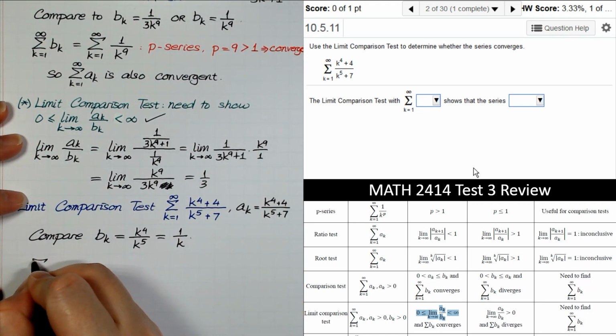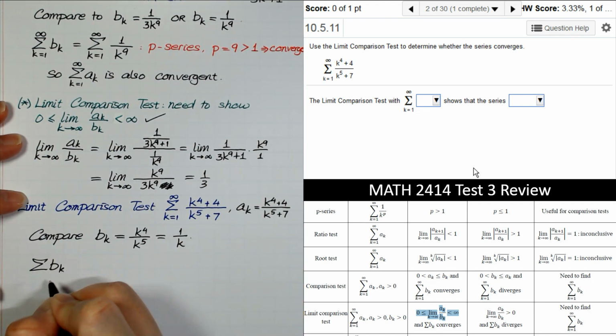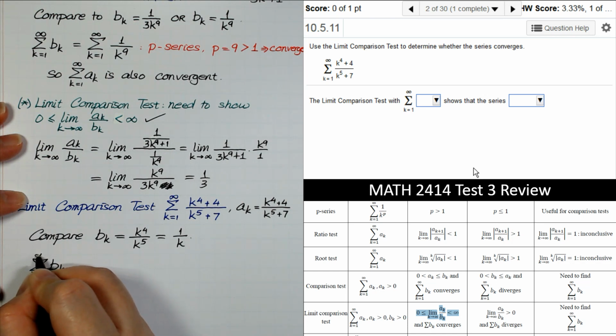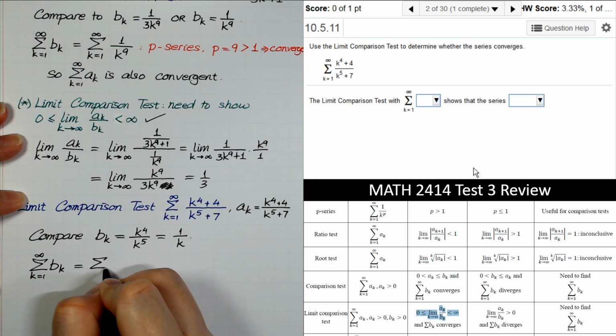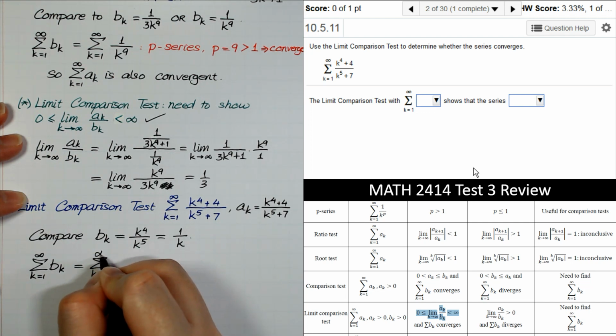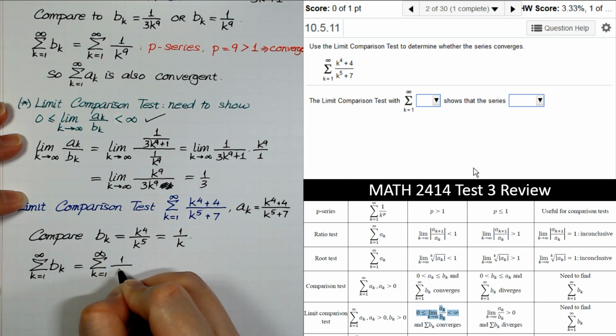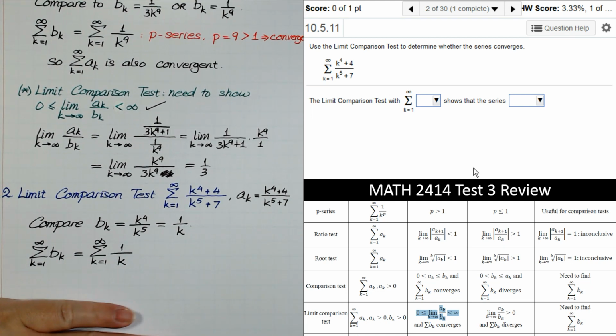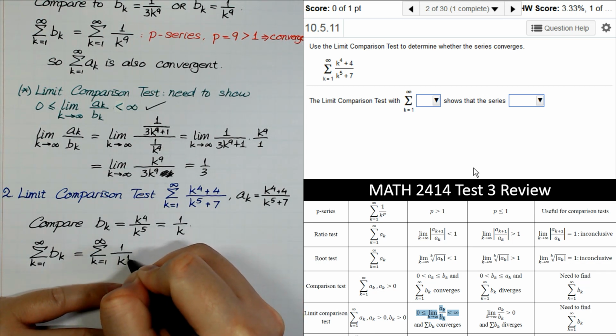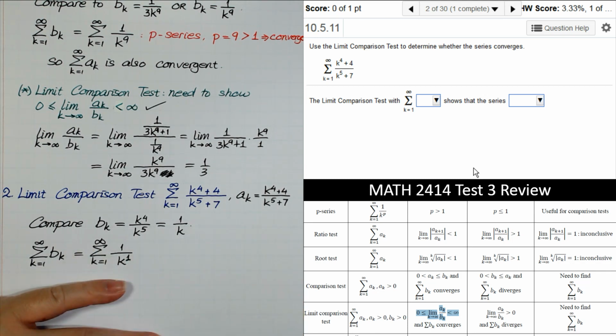So we have the series b of k, which is the series of 1 over k, and by default, we can say this to the first power.